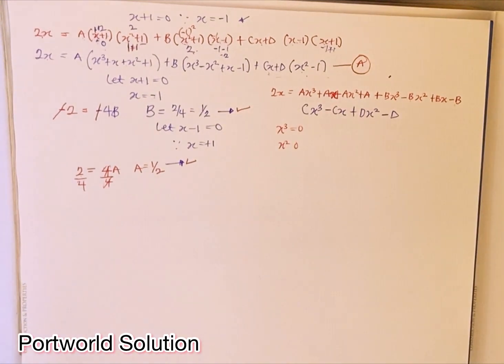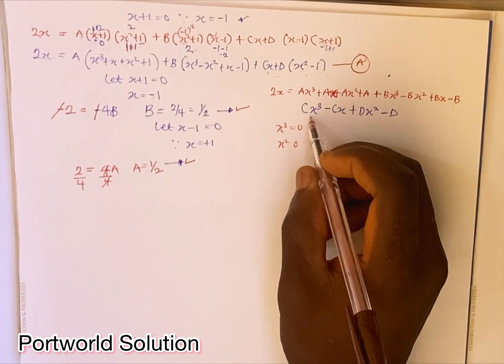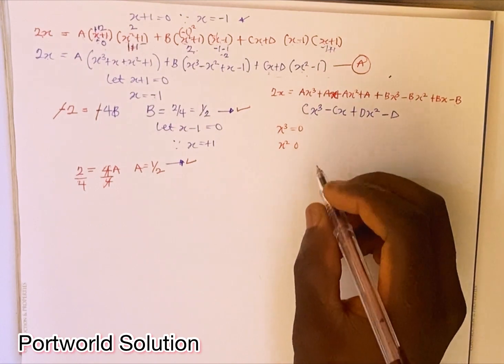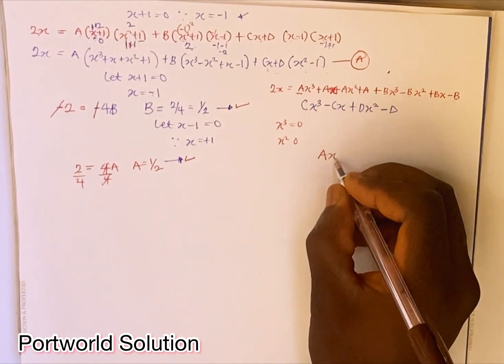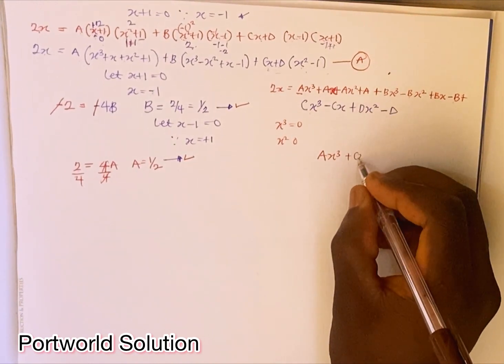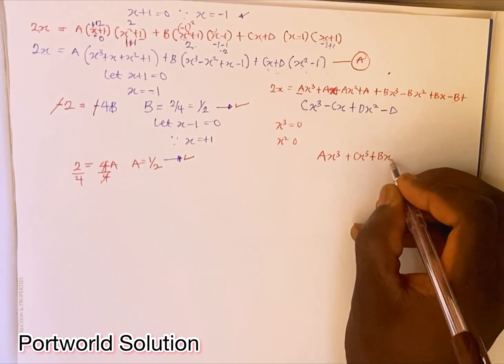But I'm having x raised to the power of 1, so I can just go ahead and compare those that have x raised to the power 3 first. My a is having x raised to the power 3. That's a x cubed. Then plus c x cubed, right? And my b, yeah, exactly, plus b x cubed.